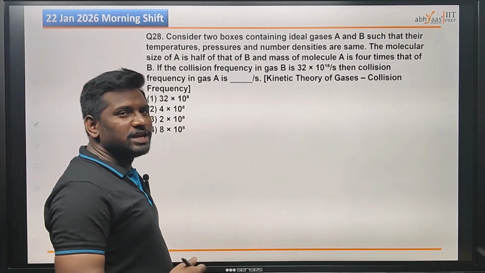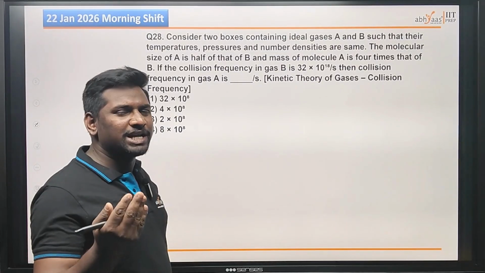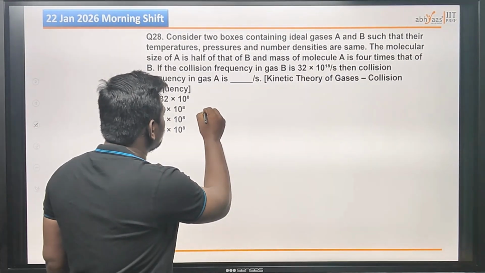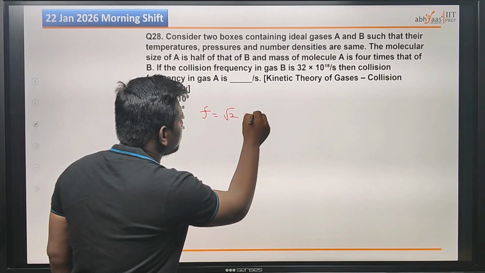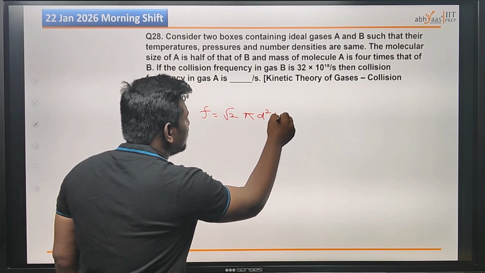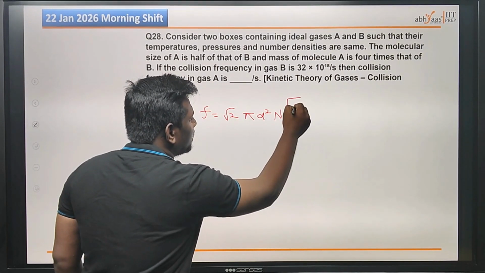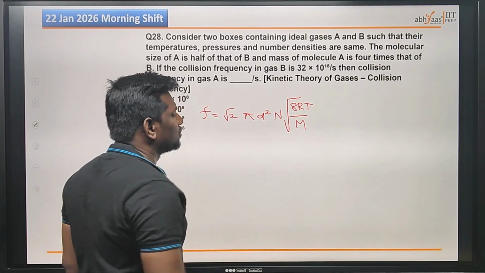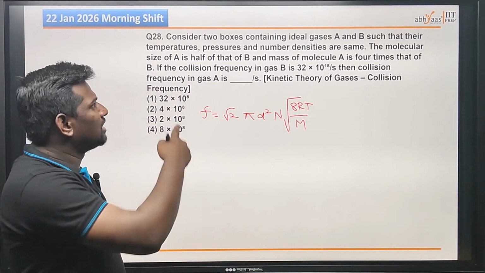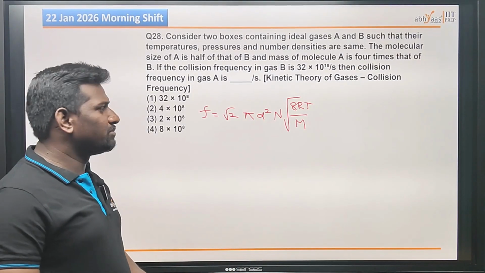So we have to find the collision frequency of the particle B. We know that collision frequency can be written as under root 2 pi d square into n into under root 8RT by M. Temperature and number density are the same.